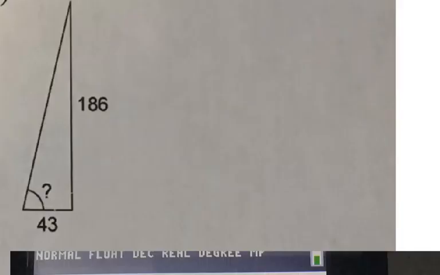Here we go. So let's say I gave you a triangle. Now it's a right triangle. Sorry, the right angle didn't show there. But our missing angle is theta. So step 1, remember, you always mark your angle. Step 2, you label your sides. If my angle is down here, do you agree that 186 is opposite of it?